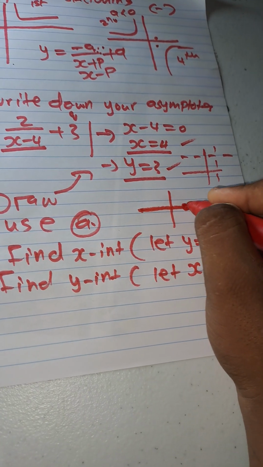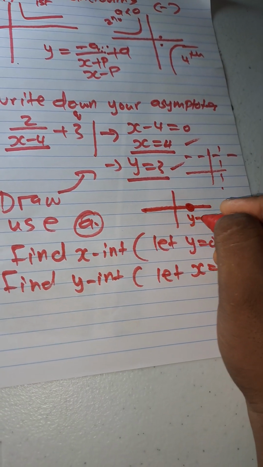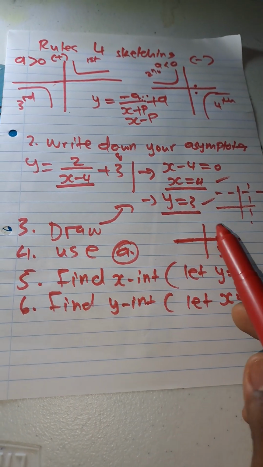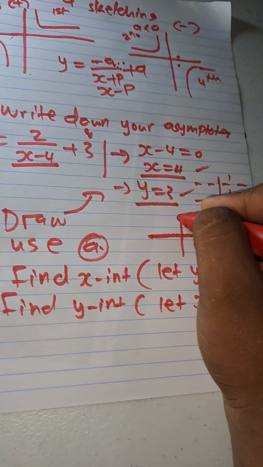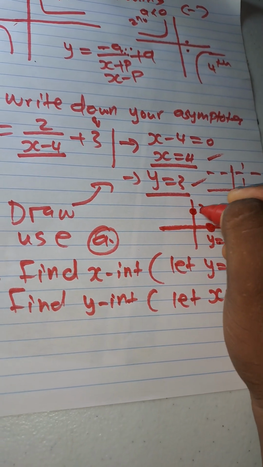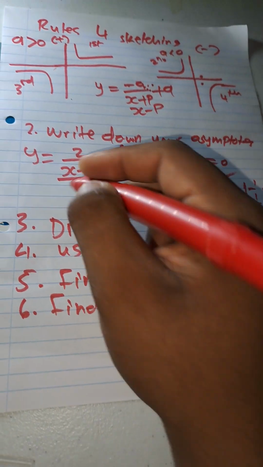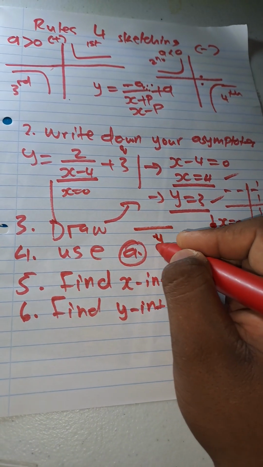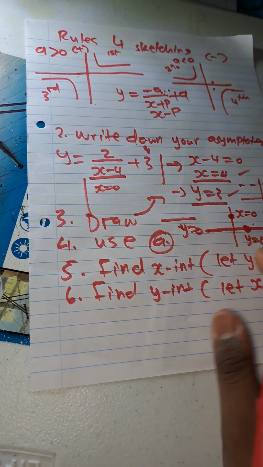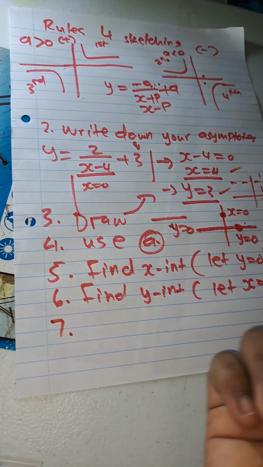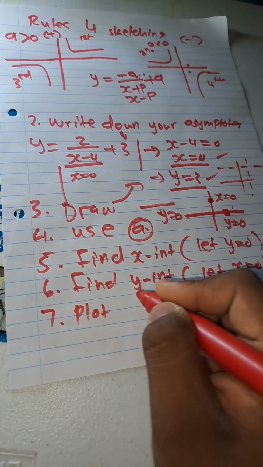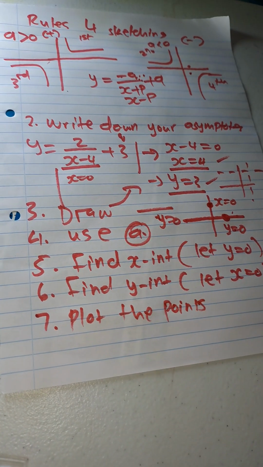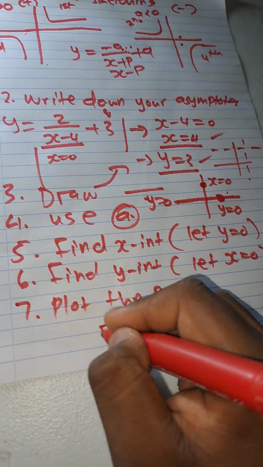If your point is here, already my y is equal to 0, but my x doesn't have a value. So for the x-intercept, y is equal to 0, and for the y-intercept, x is equal to 0. So this line x is equal to 0, this line y is equal to 0. And then the last one, plot the points and draw the graph using freehand.